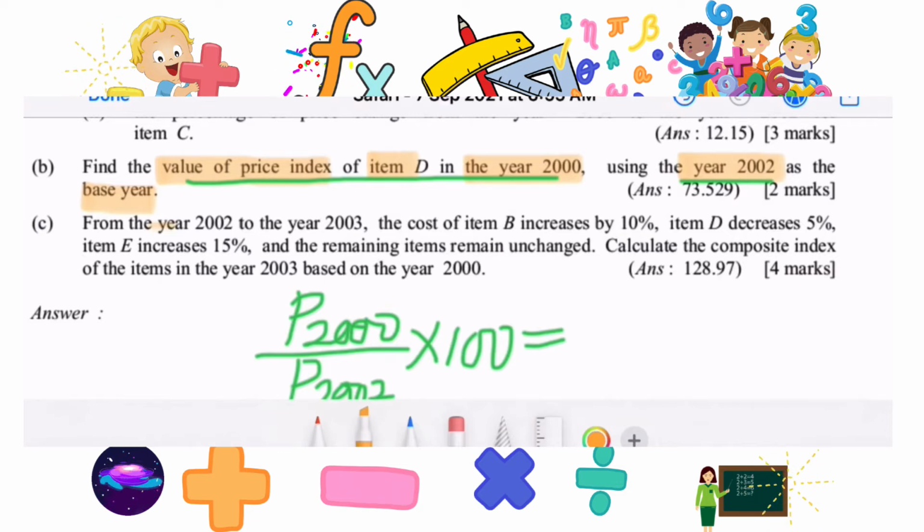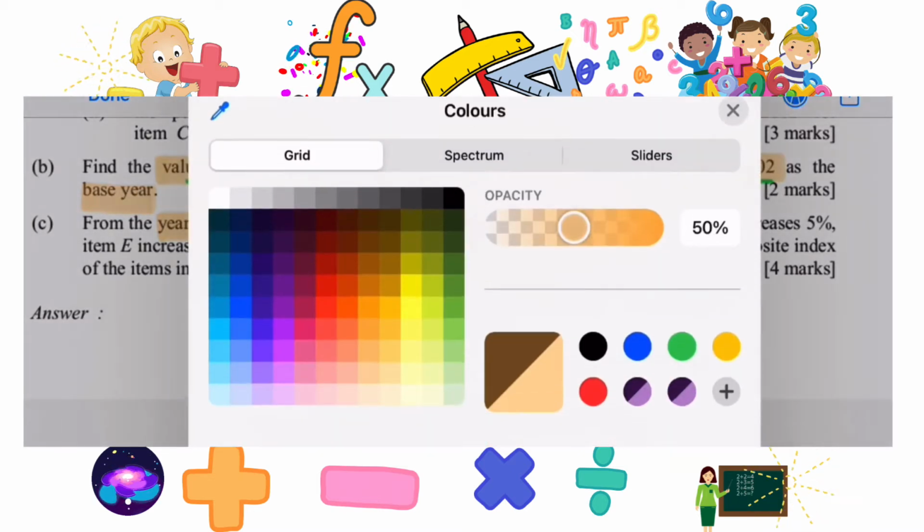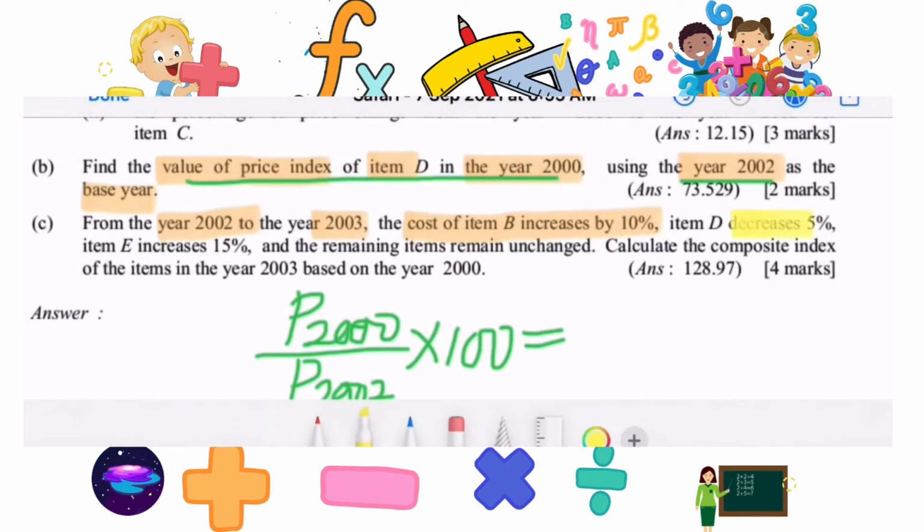From the year 2002 to 2003, the cost of B increased by 10%, and the item D increased by 5%. Item D increased 5%. So let's figure out.